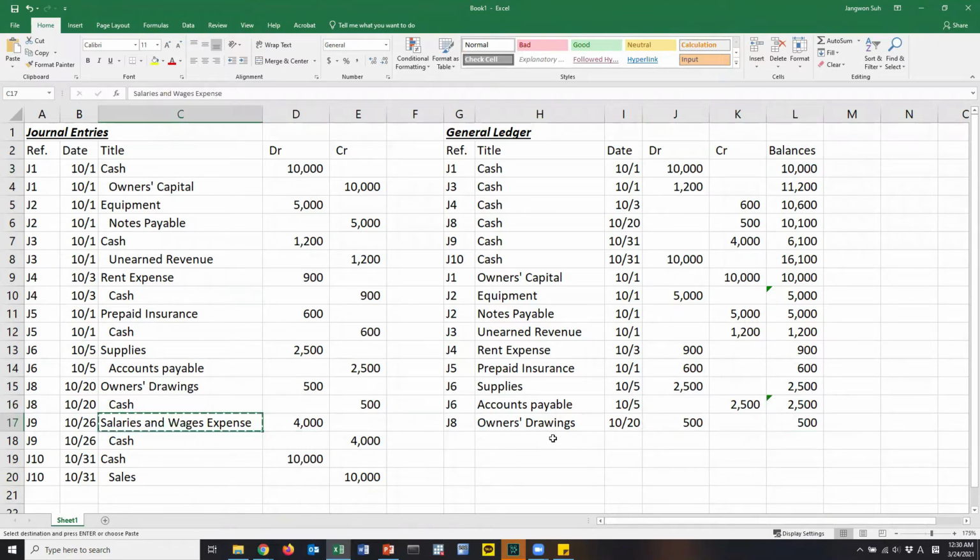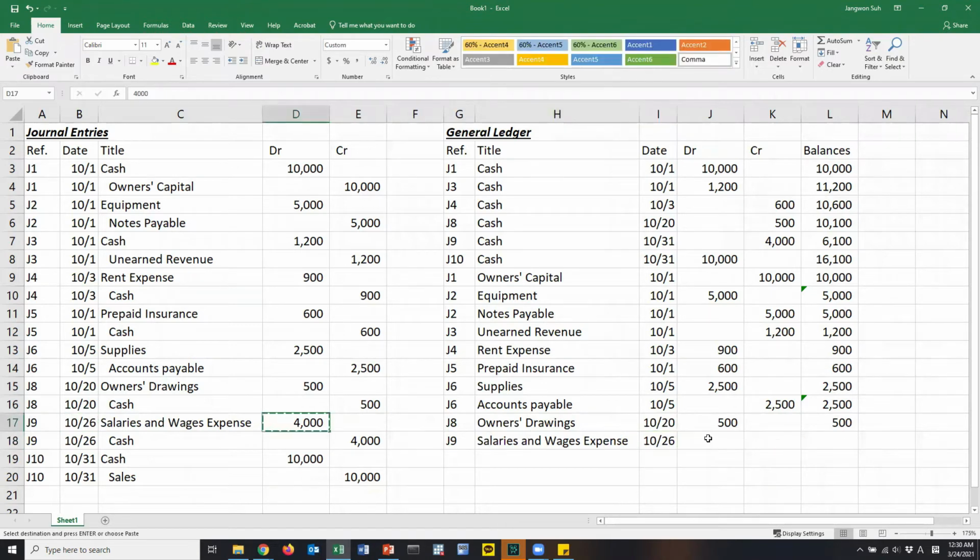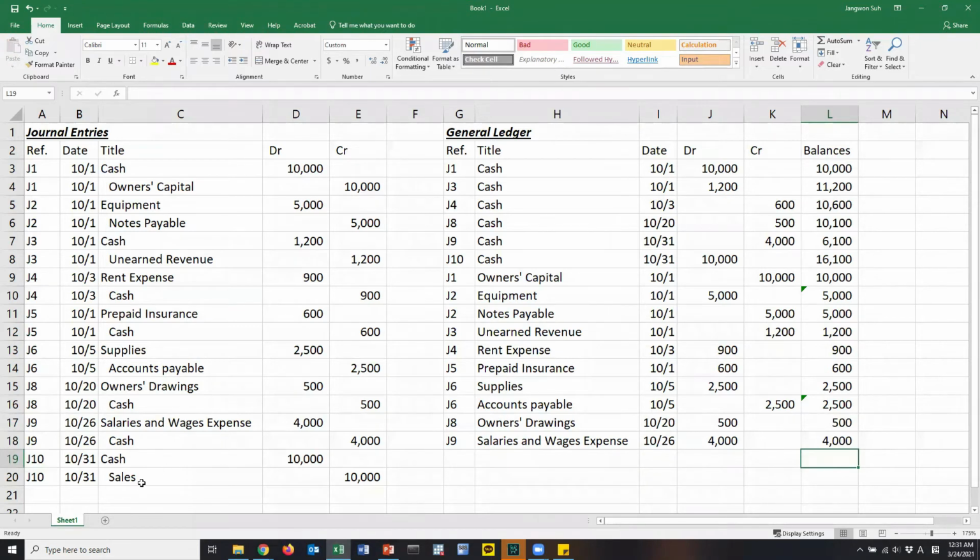And another expense item, salaries and wages expense, 4,000. And then we will copy and paste the expense items formula here. Okay. And then finally, sales.